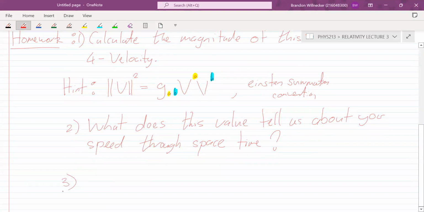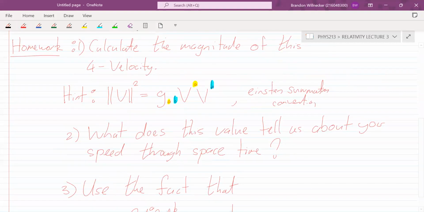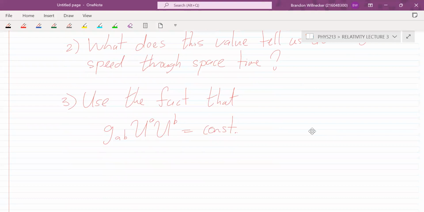Then part 3. So use the fact that g_AB u^A u^B is equal to a constant. Okay, so the length of the vector is a constant, of course. You just need to find what that constant is using question 1. Okay, so I don't want to spoil it, so I'm just going to say it's a constant. So use the fact that the length of the velocity vector is a constant to calculate the 4-acceleration.